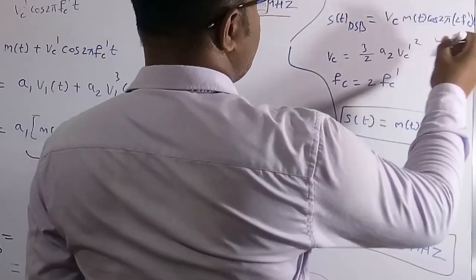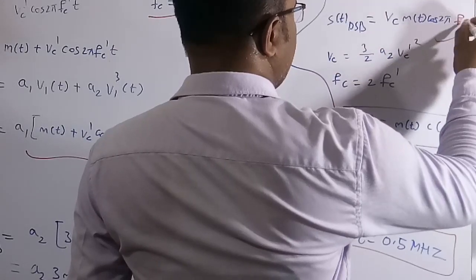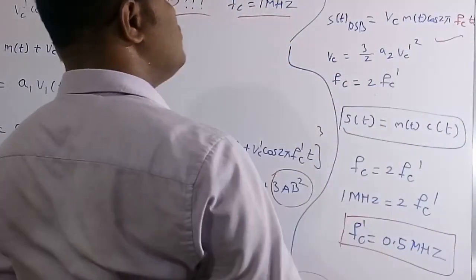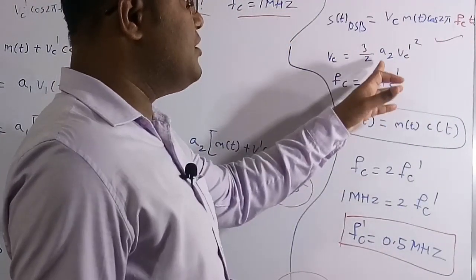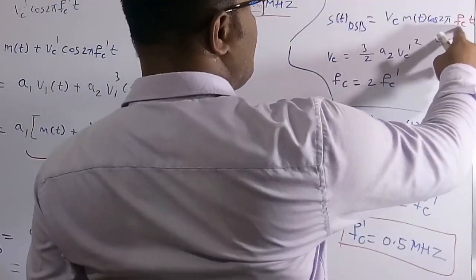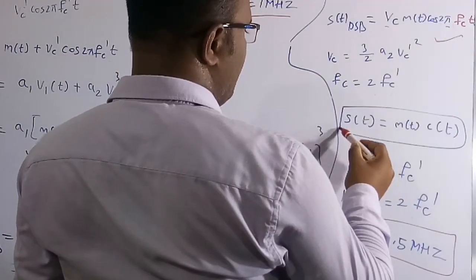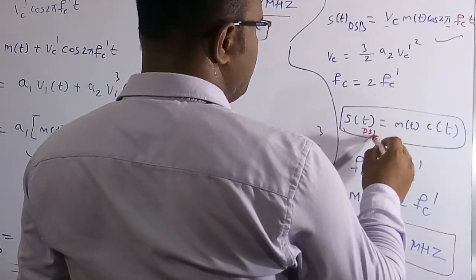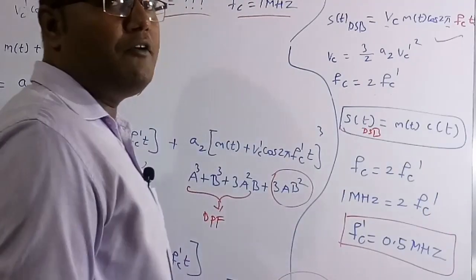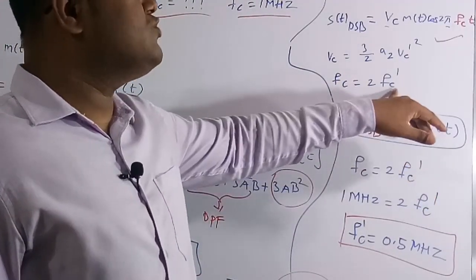This is nothing but Fc. So Vc into cos of 2πFct is nothing but c(t). So therefore m(t) into c(t). So finally s(t) DSB is nothing but the product of m(t) and c(t). So finally what I am trying to say is Fc is equal to 2Fc'.